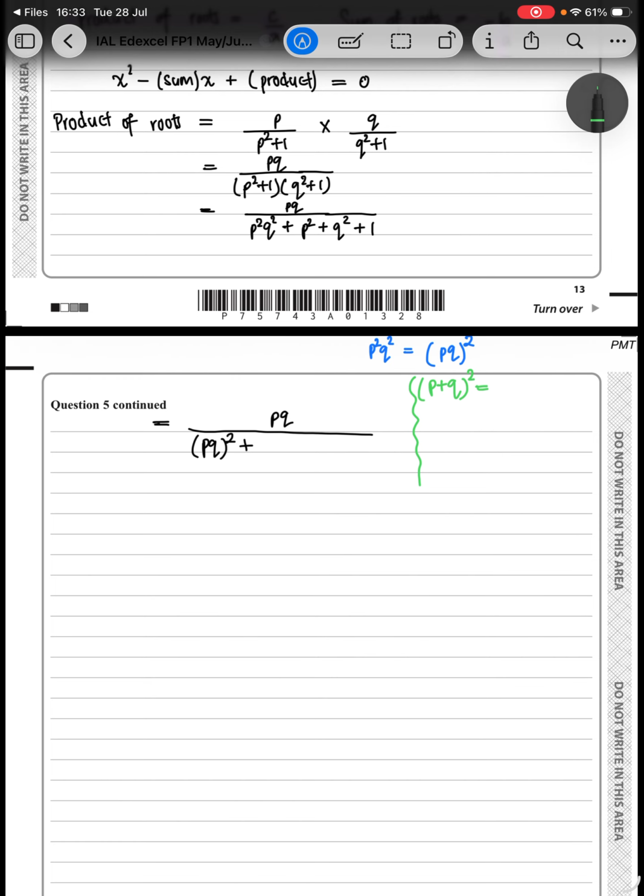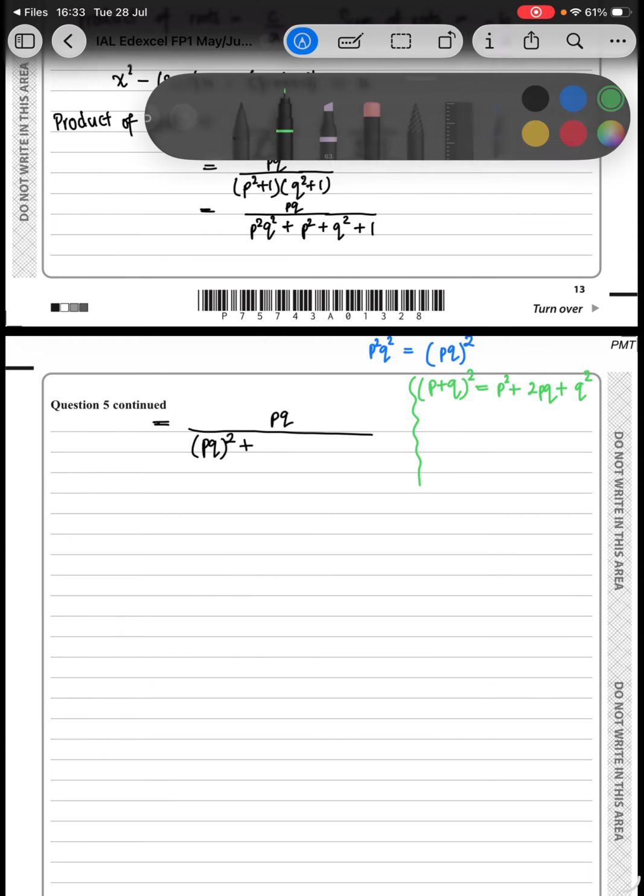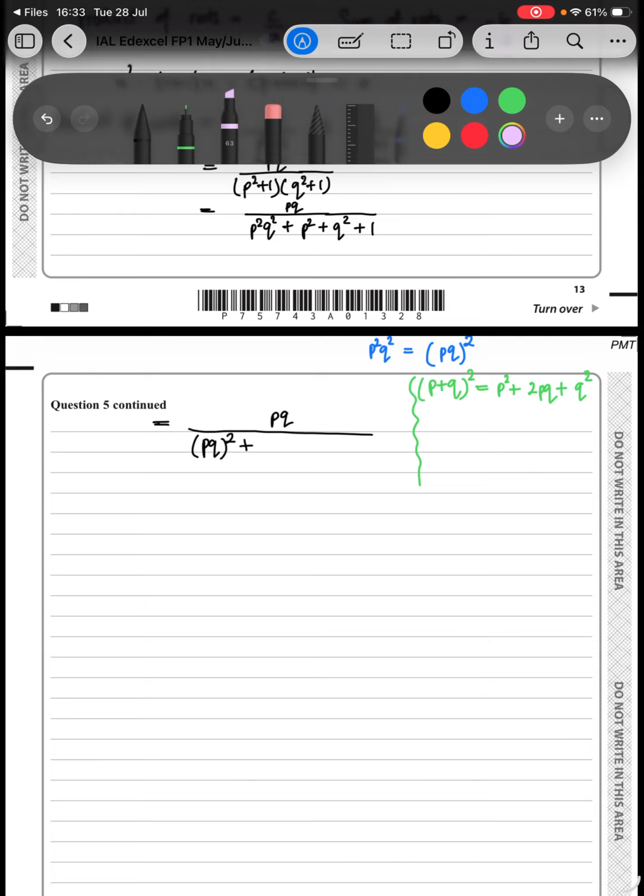Now it's much more related to this expression, so if I expand this, it will give me P squared plus 2PQ plus Q squared. And we can see that we already have this P squared and the Q squared in our expression.